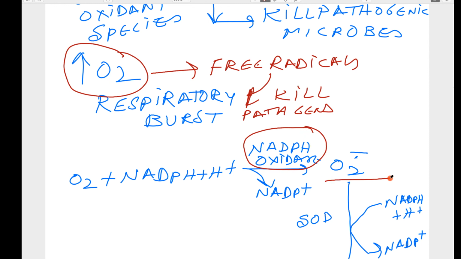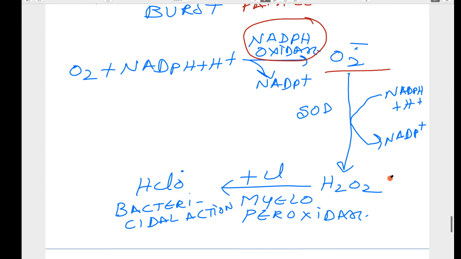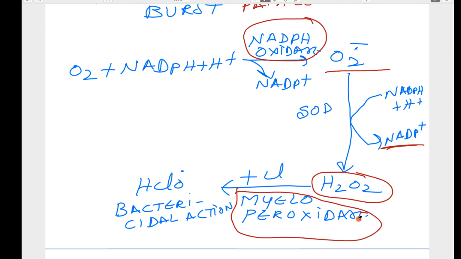The superoxide, by the action of superoxide dismutase, leads to hydrogen peroxide. Hydrogen peroxide, in the presence of myeloperoxidase enzyme and chloride, leads to radicals like hypochlorous acid and others, which are highly active and have bactericidal activity.